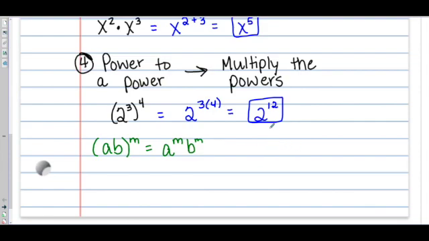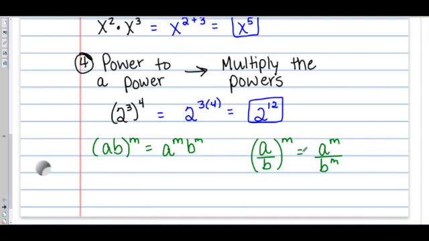And what also goes with this is A over B, all to the m power. The way this splits up is the exponent goes to the numerator and to the denominator. So it would be A to the m power over B to the m power. Okay, so that's how you would evaluate the exponent into that expression.